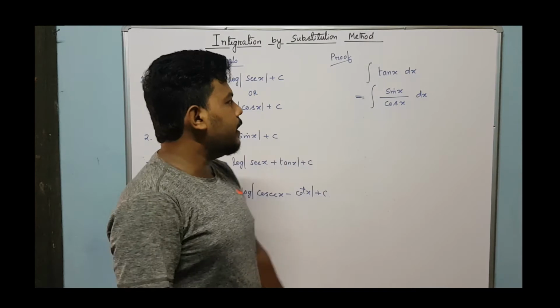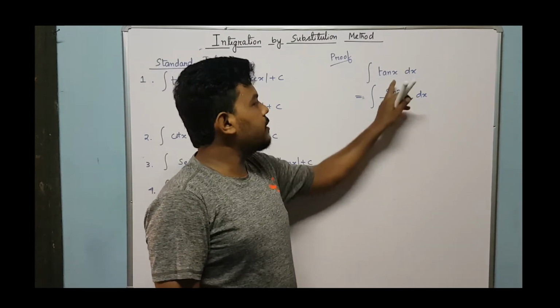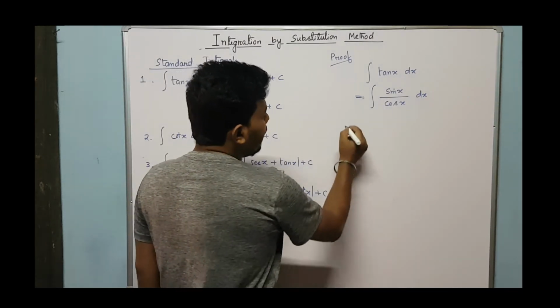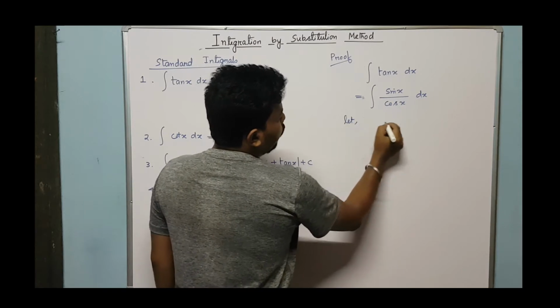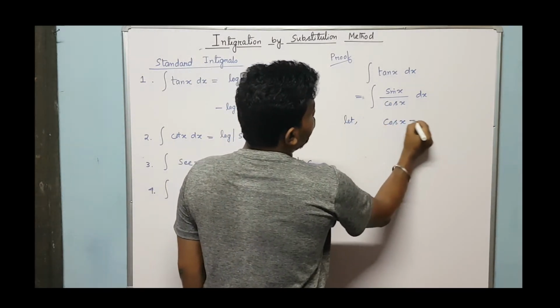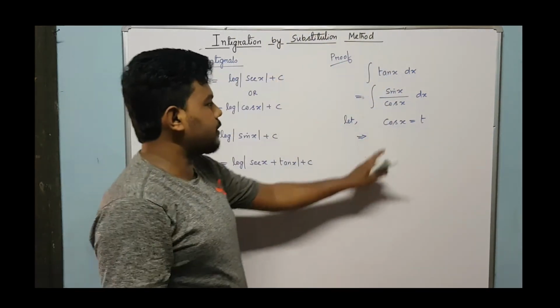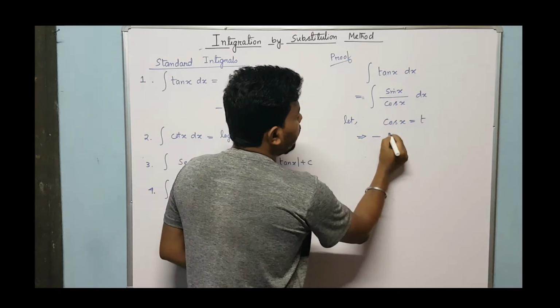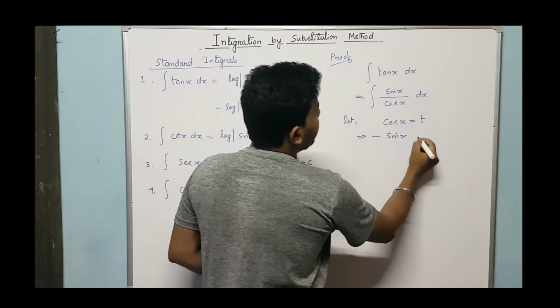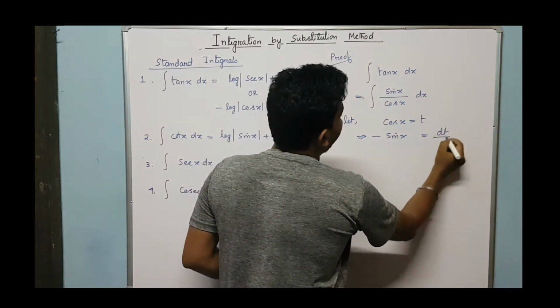Now you see the derivative of cos x is minus sin x. So if I let cos x is equal to t, then if I differentiate with respect to x, I will get minus sin x is equal to dt by dx.